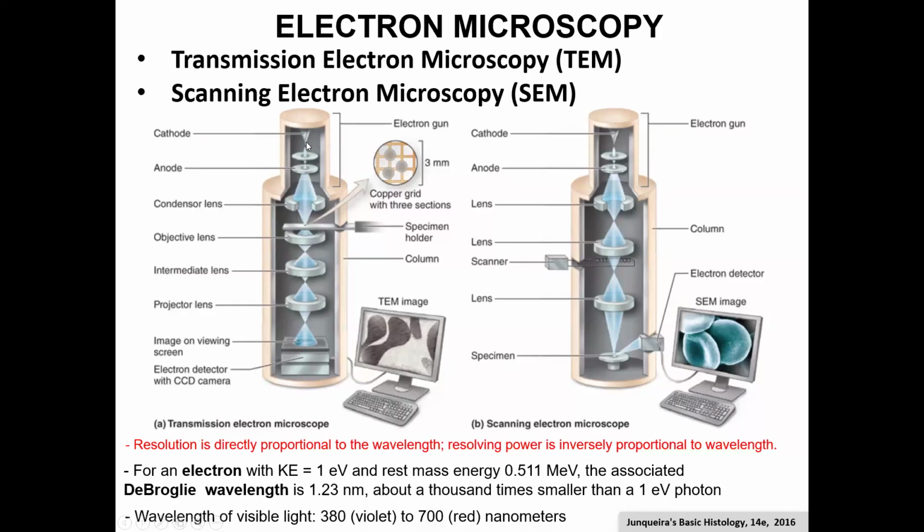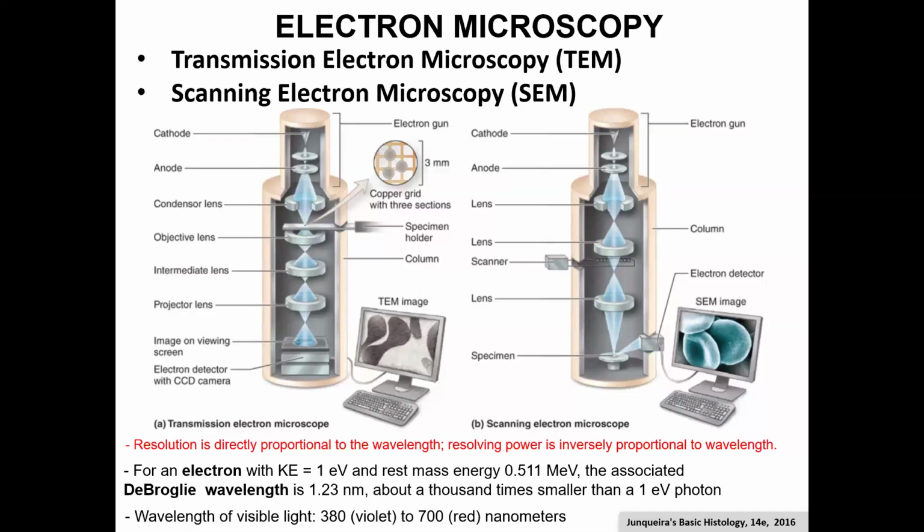Now, the electrons are actually the ones that need to be produced, and they are emitted from a cathode. They are charged particles, negatively charged particles. They are accelerated against an anode, and then they are focused by passing through something that is equivalent to a condenser lens.